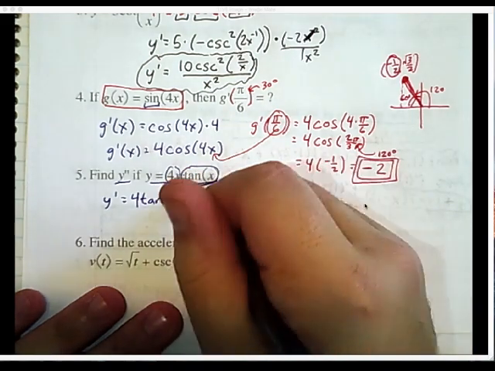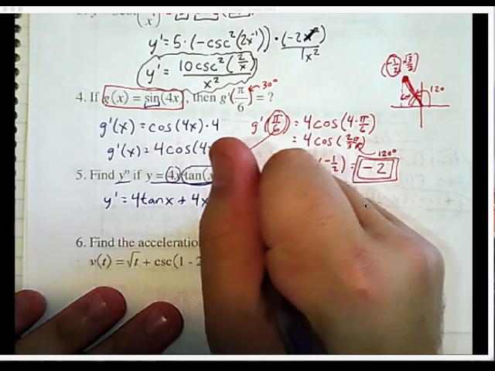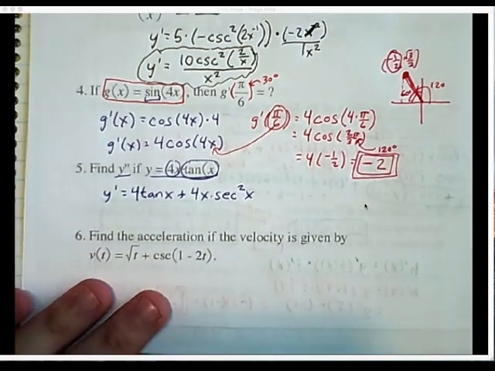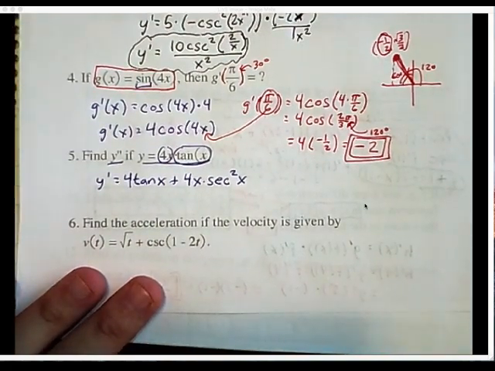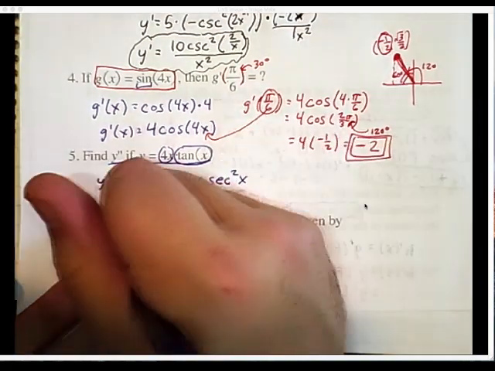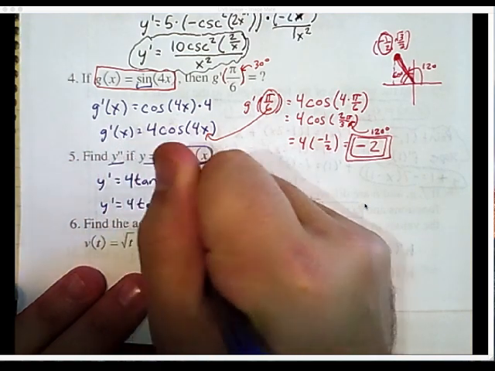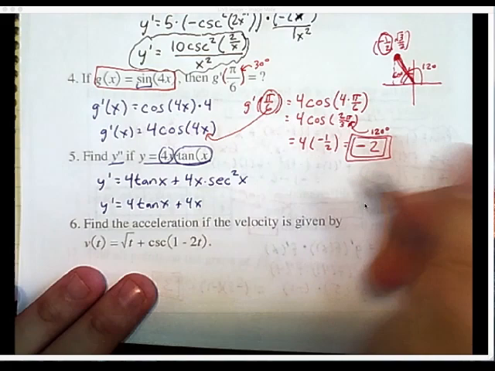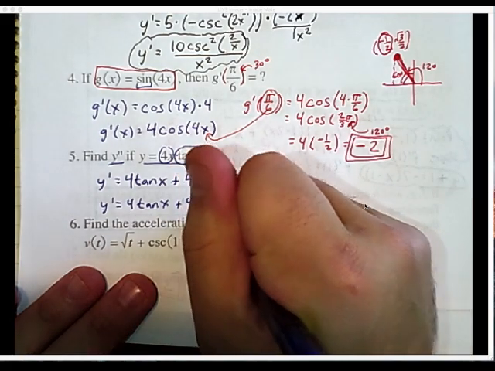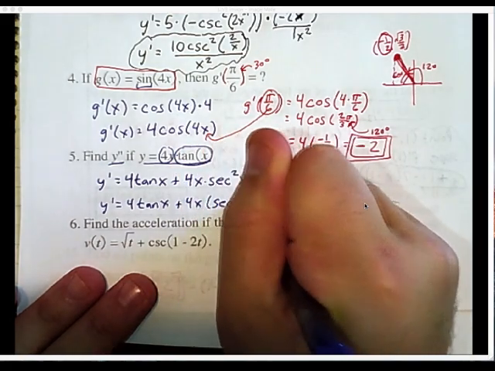What's the derivative of tangent of x? It's secant squared of x. Okay. Now I'm just going to show you another way you can write that. Secant squared of x is the same thing as saying secant of x in parentheses with a squared there.